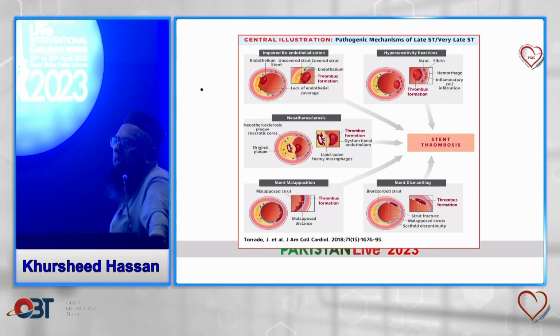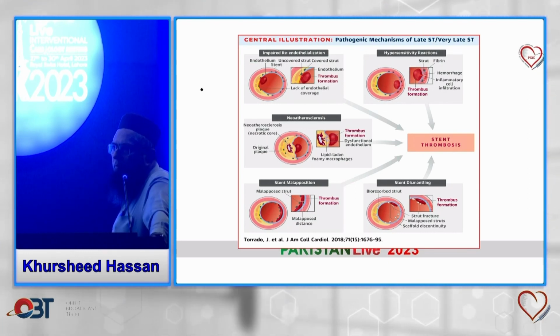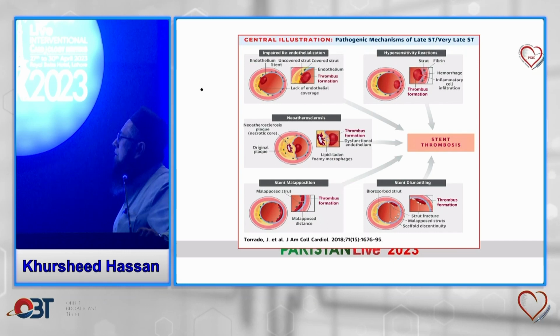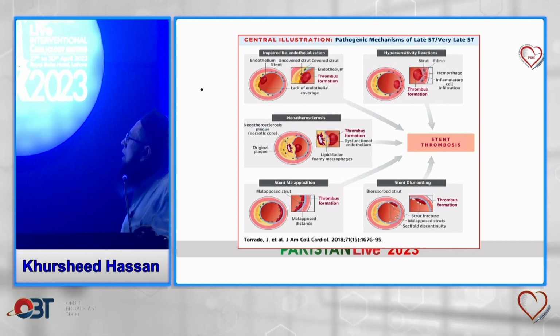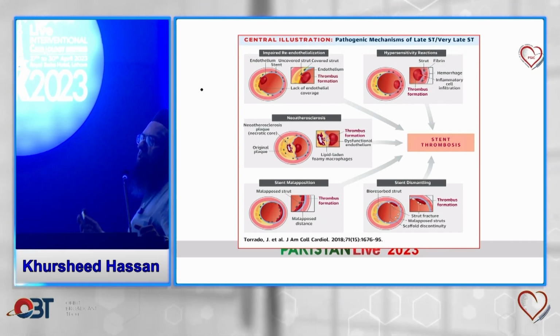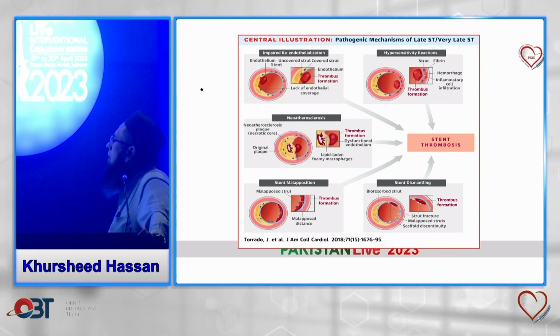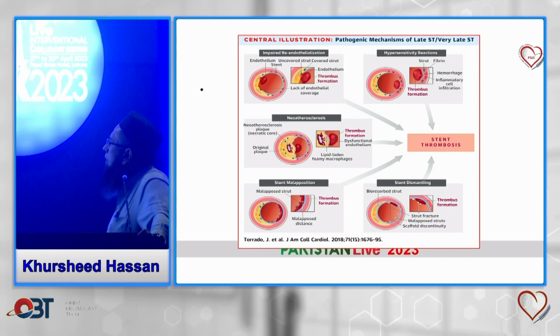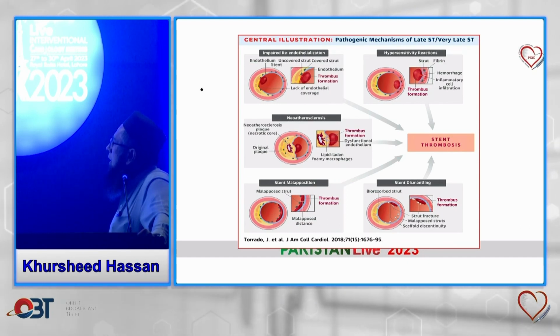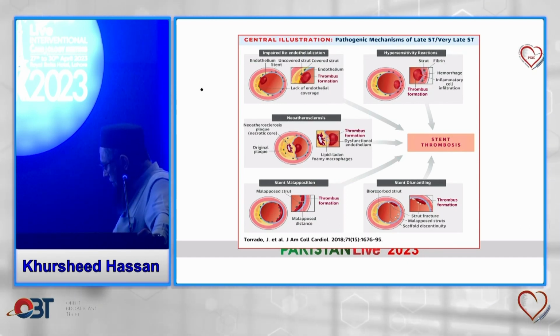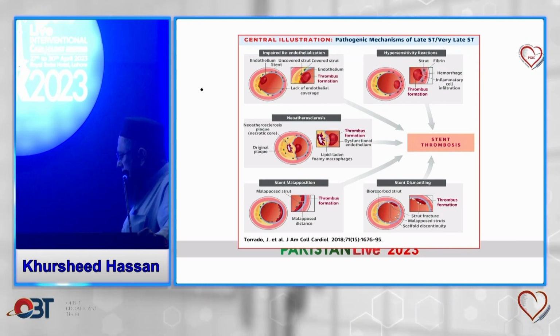Stent malposition can be acquired because of late remodeling in the vessel, hypersensitivity reaction either to the drug that is being used or the polymer. All of these can lead to stent thrombosis, which can be late or very late.